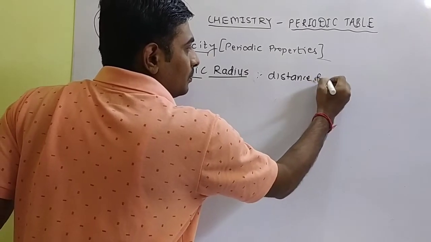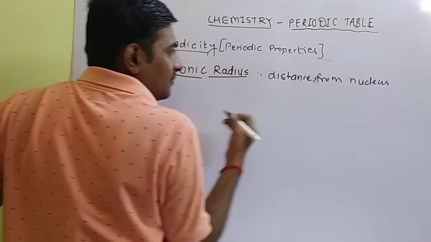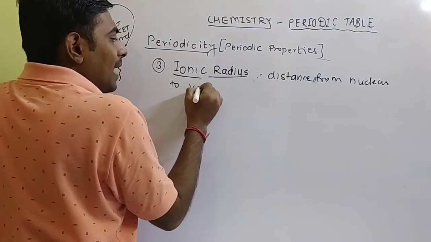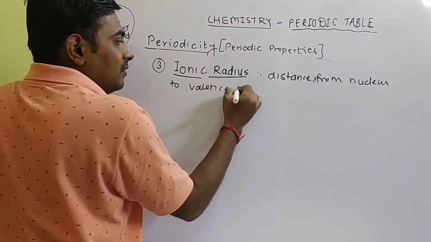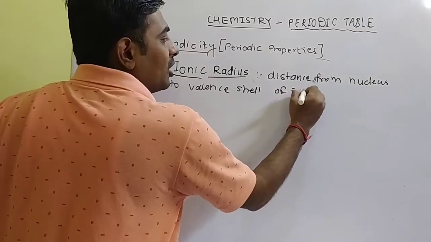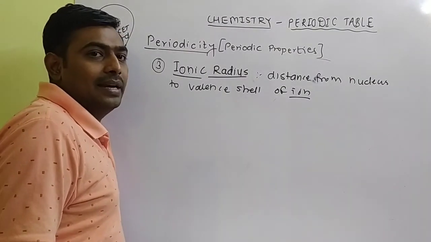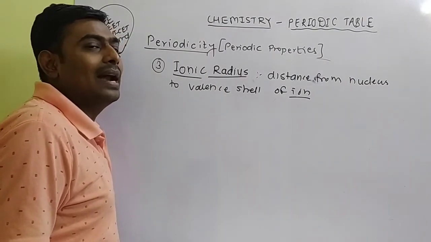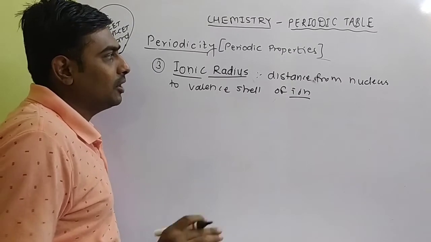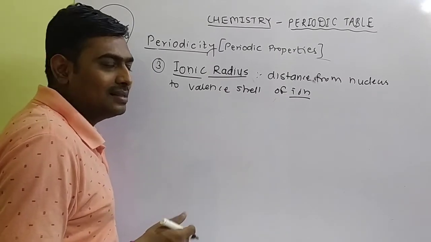Very important word, ion, because it is ionic radius, and previously it was atomic radius, which was regarding the atom.